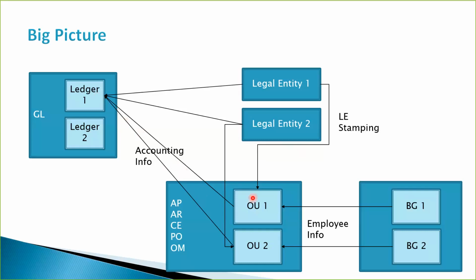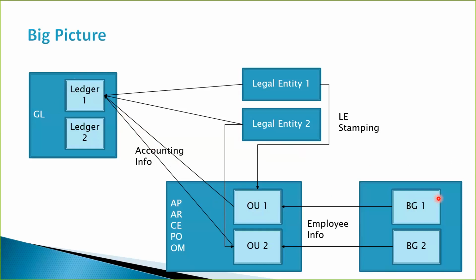And we know that sub-ledger data is segregated by operating units, just the way data in the general ledger is separated through the ledgers or the data access set. And then finally here we have the HR, where employee information is separated through business groups.